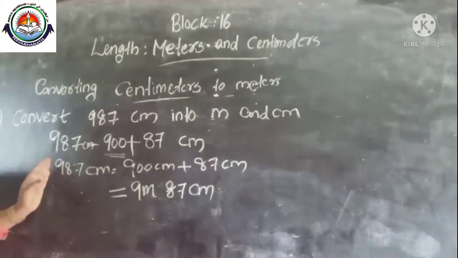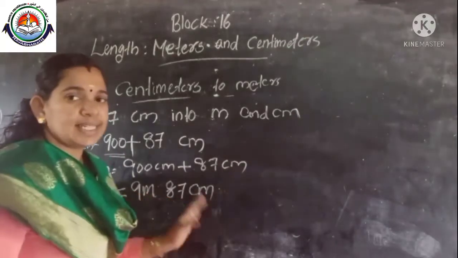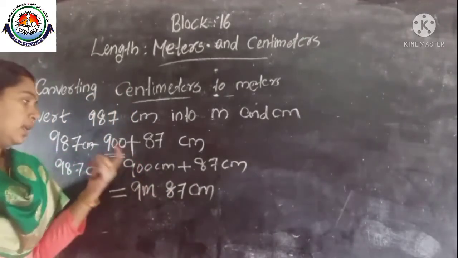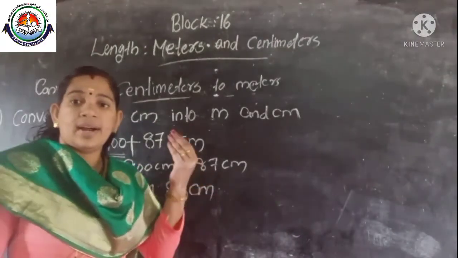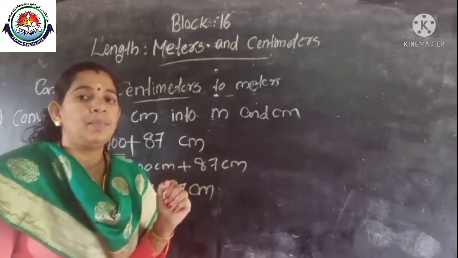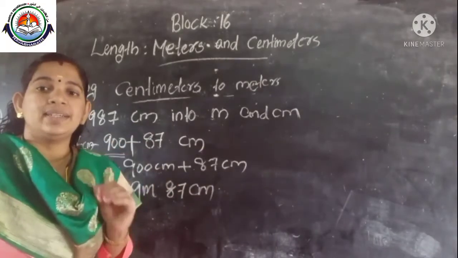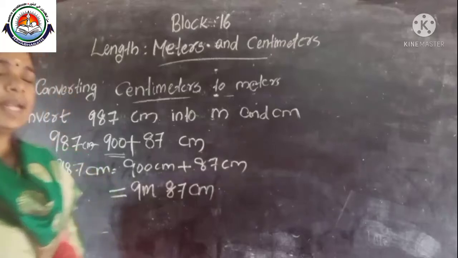So 987 centimeter we can write as 9 meter and 87 centimeter. Okay, clear? We change the number into 900 plus 87. Then 900 centimeter means 9 meter, then 87 centimeter. We can do some more problems. Okay, write the question.